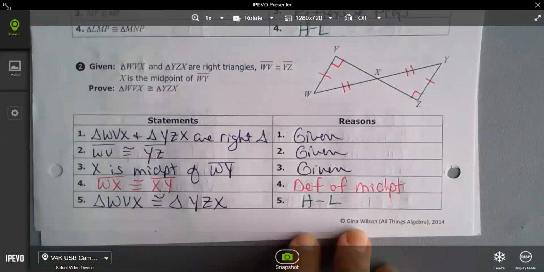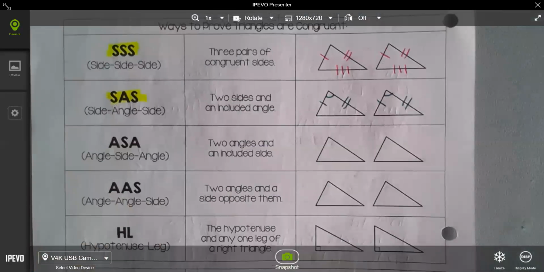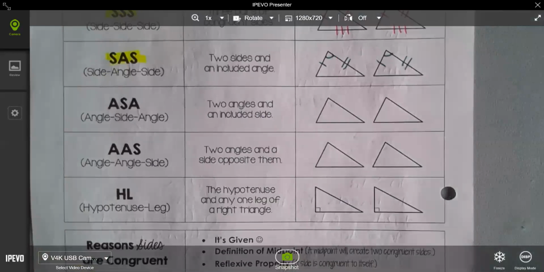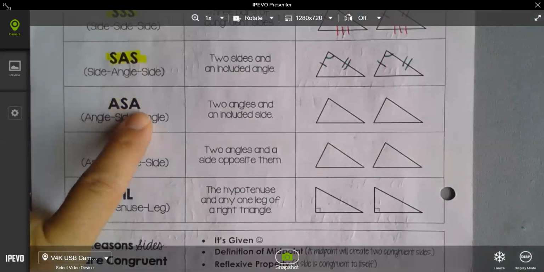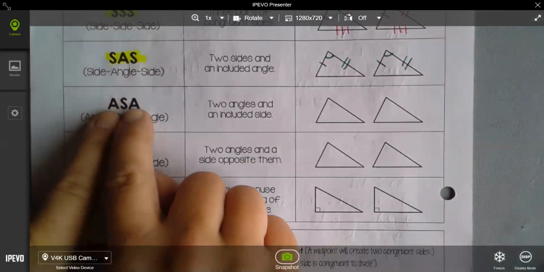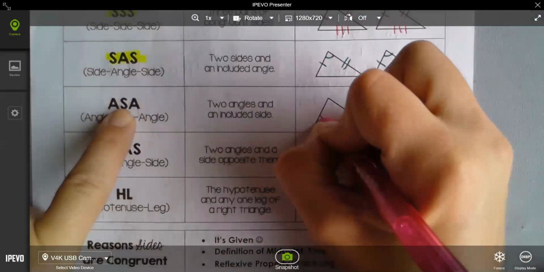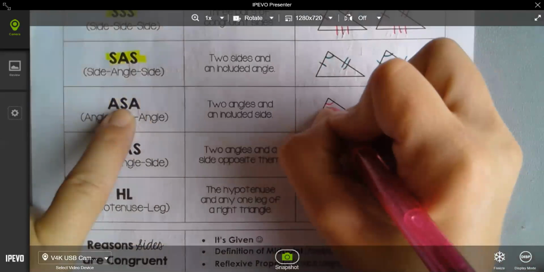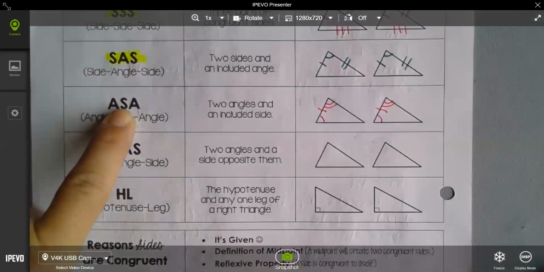All right, so the last thing that I'm going to do is go back to the end of yesterday's notes, this graphic organizer here, and write in all of the things that we learned today. So we learned about angle, side, angle. That means that you have two angles with a side in between. First angle, second angle, side in between.